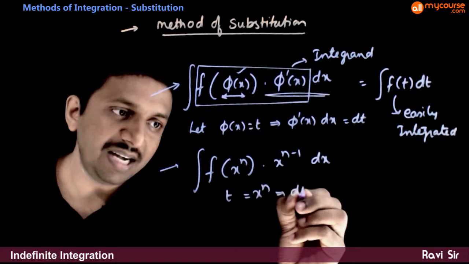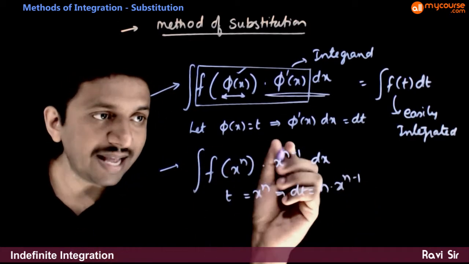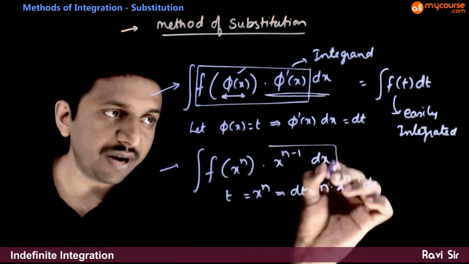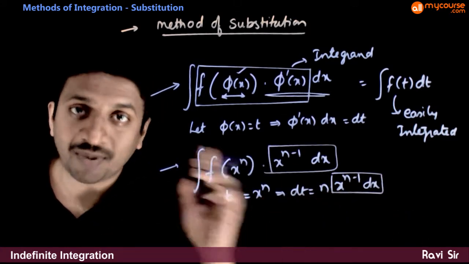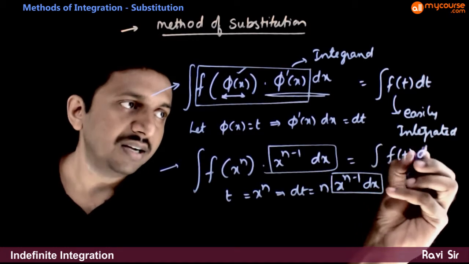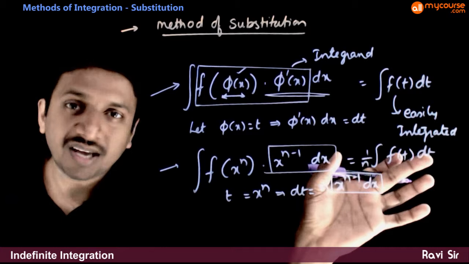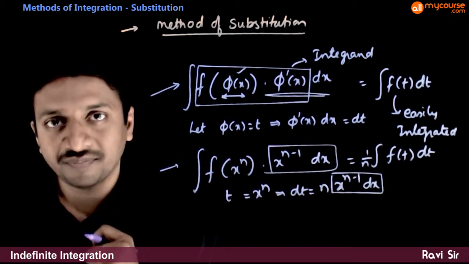This implies that dt is equal to n times x power n minus 1 dx. So x power n minus 1 dx can be written as dt by n. So this becomes integration of f of t dt into 1 by n. So this integrand becomes quite simplified when compared to this integral.